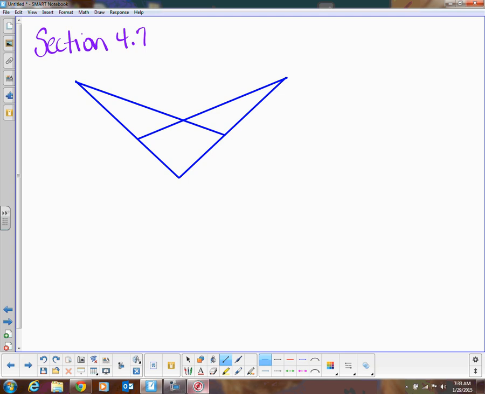Okay, how does this picture look different than what we've had in the past? How does it look different? Yeah, it's more complicated. So, do you see, oh, there should be another.